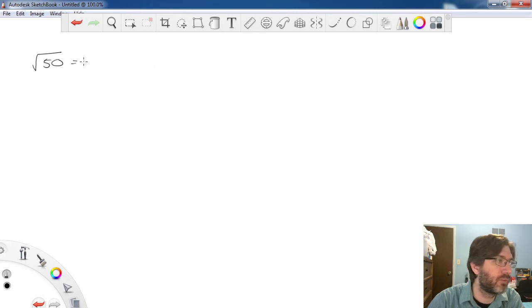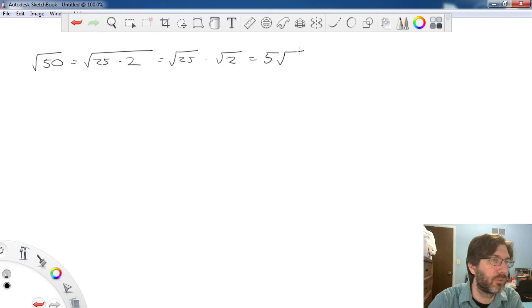So I know the square root of 50 is equal to the square root of 25 times 2, because 25 times 2 is 50. And therefore I know that the square root of 25 times the square root of 2, and the square root of 25 I can actually solve as 5, and square root of 2. So this here is the better way of writing it. So we are just kind of simplifying it down.